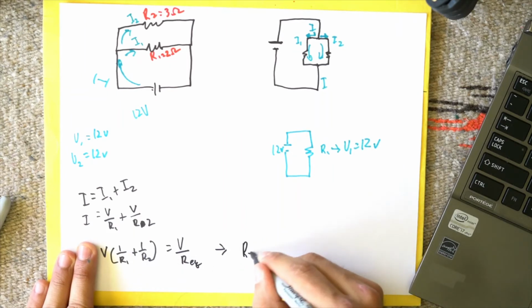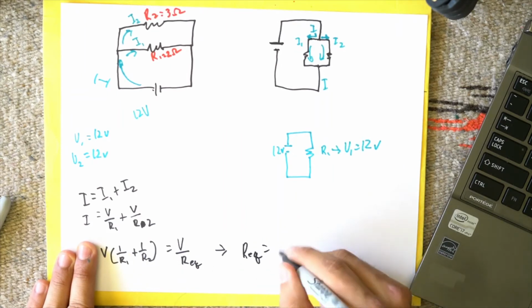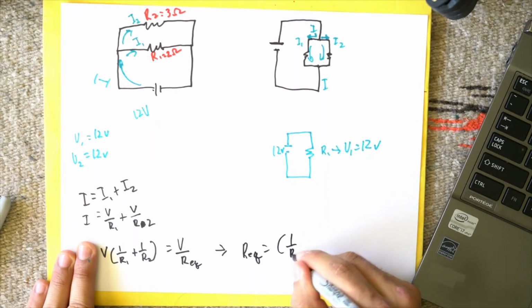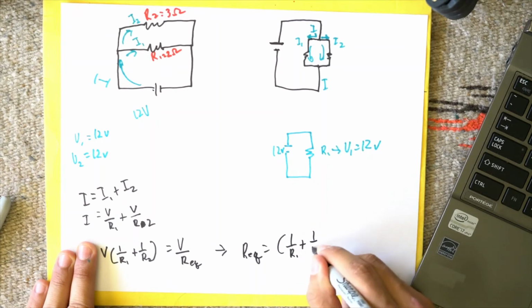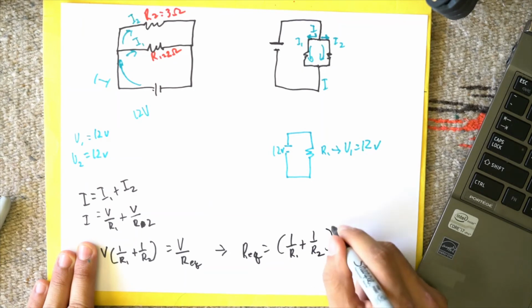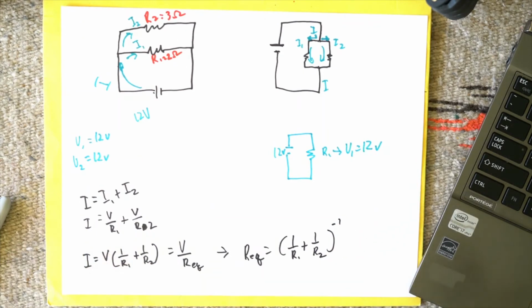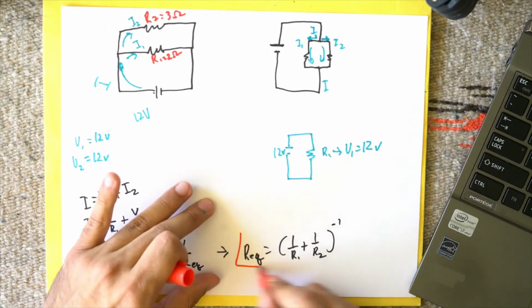My R equivalent is going to equal 1 over R1 plus 1 over R2, to the -1 power. And that is how we get that equation.